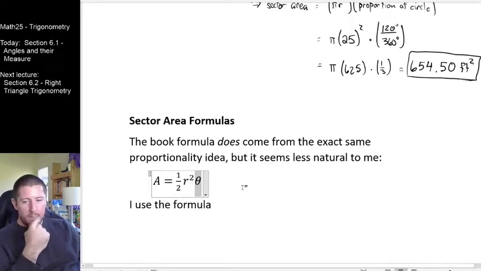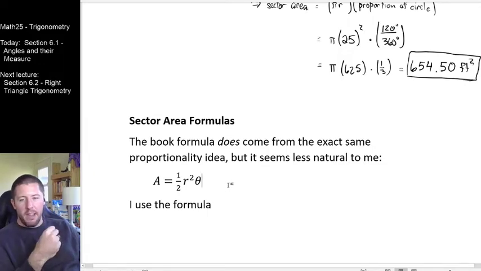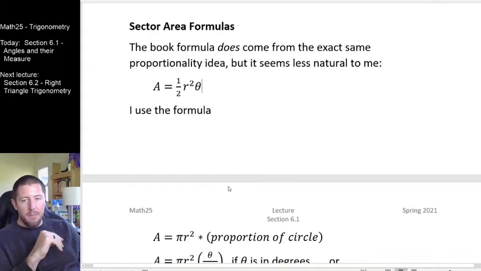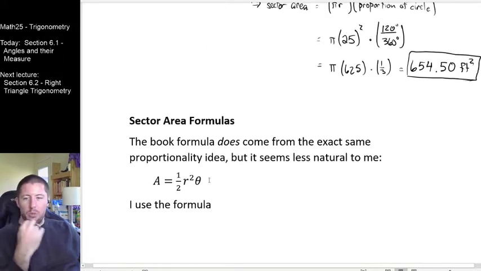But this feels weird to me. I picture a circle area, pi r squared. I want to see that. So this is what the book will give you for your sector area formula. It is going to give you the exact correct answer relative to what we did as long as you're using radians. Here our radian measure would be 2 pi thirds.